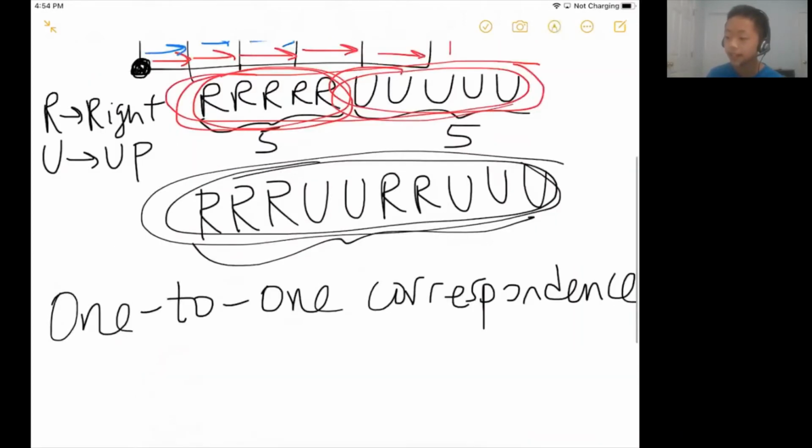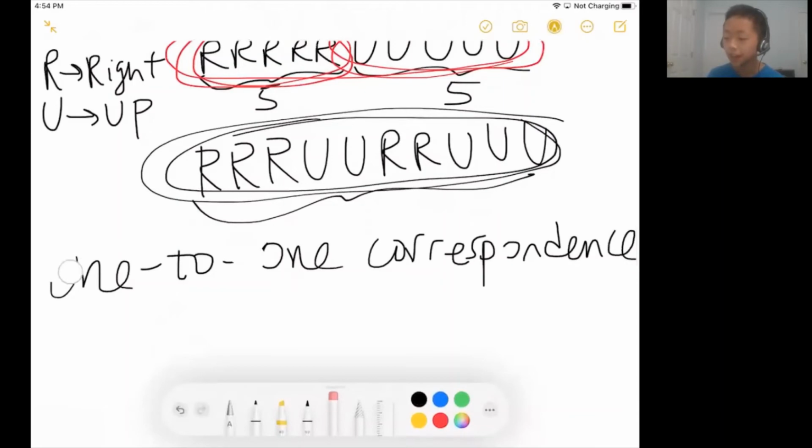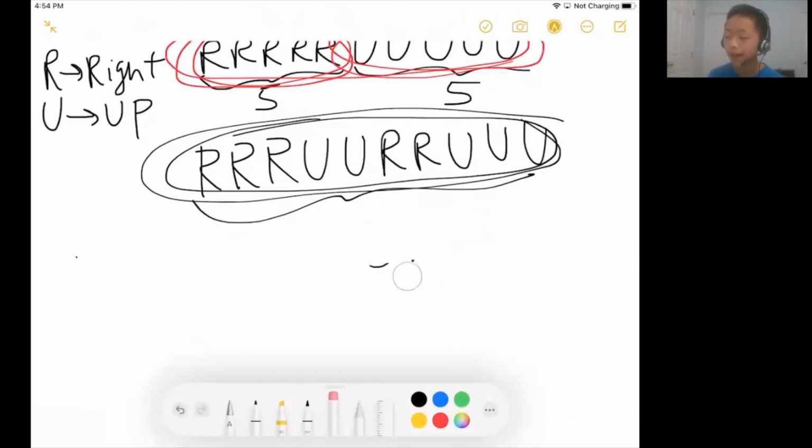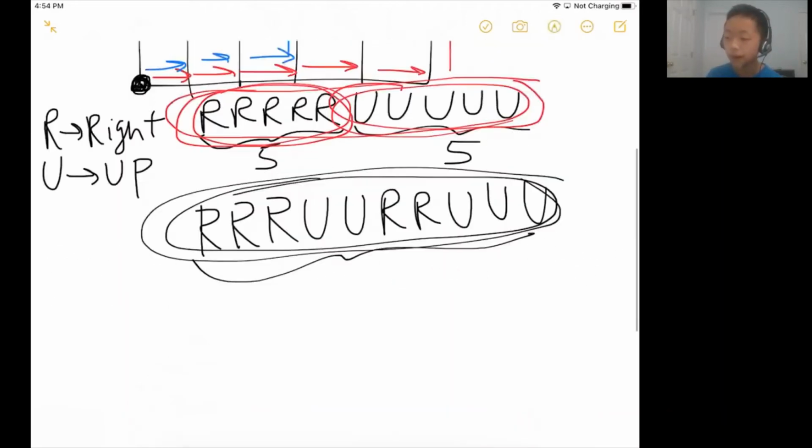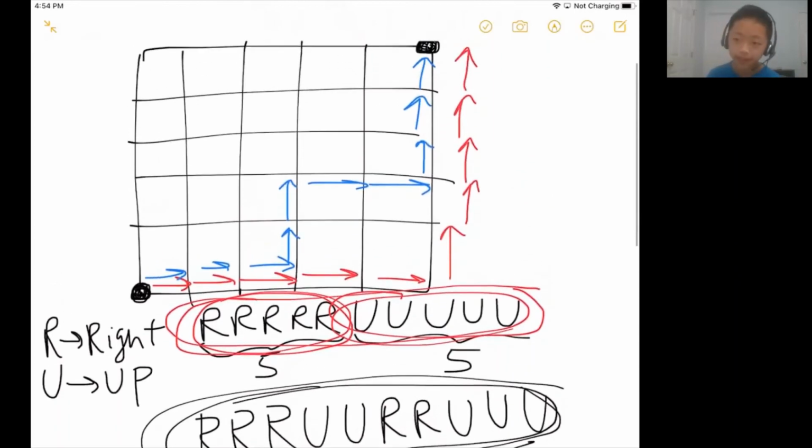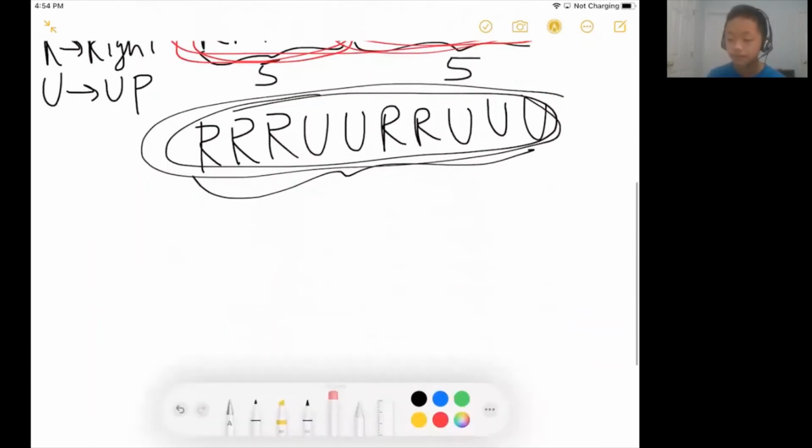So to finish this problem, the number of paths from the bottom left corner to the top right corner is equivalent to finding the number of different strings you can form from 5 R's and 5 U's. With this string of length 10, we have 1, 2, 3, 4, 5, 6, 7, 8, 9, 10, so 10 blanks.